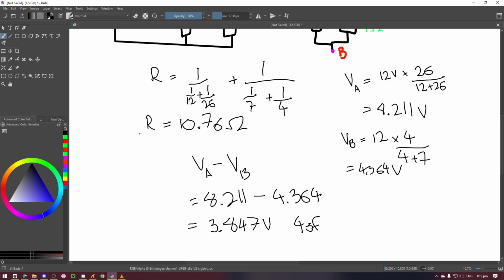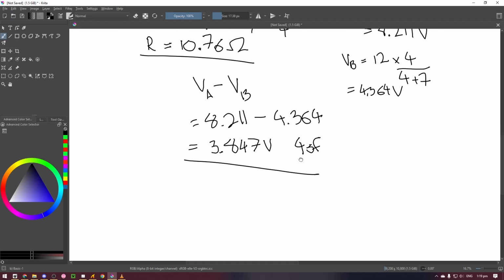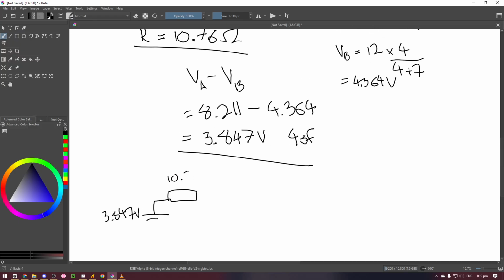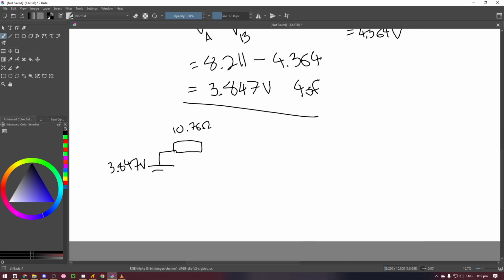Now we have our resistance, we have our voltage. We can create our equivalent circuit. We have a voltage source with 3.847 volts. We have a resistor with 10.76 ohms, and we have our open circuit.